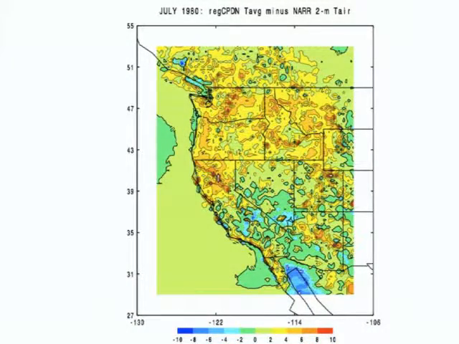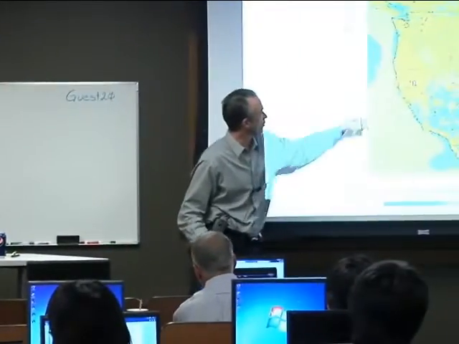But if you take a difference of the two, there are a few patches that are not right, over oceans, terrain, and a little bit of that in the northern Sierra.